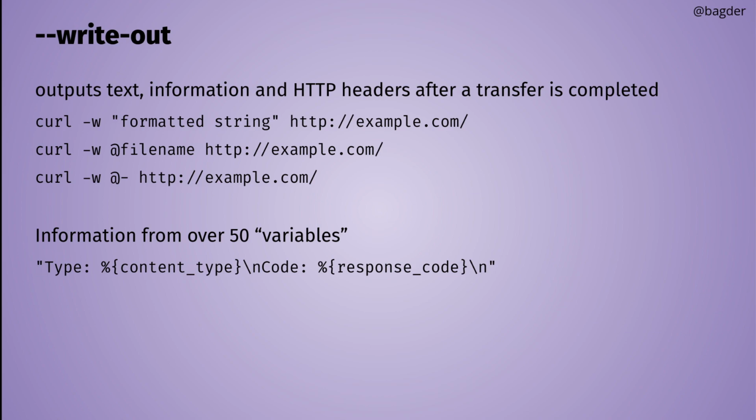And then you just go ahead and output that. You can output that to standard out, standard error, and since very recently you can also output that to a file. So basically it provides a lot of data from the transfer for you to output in case you want that in your scripting or your results or whatever.